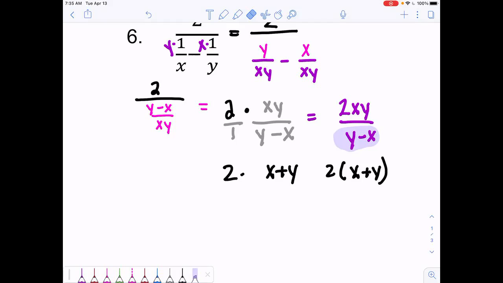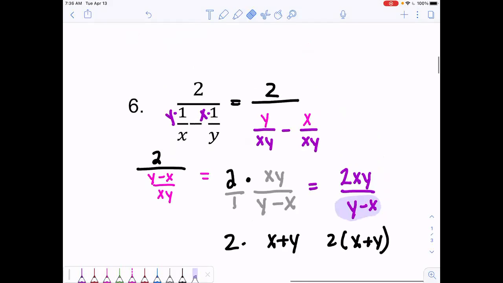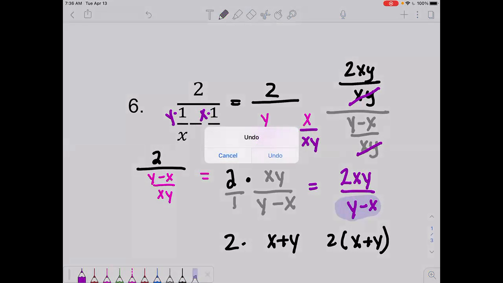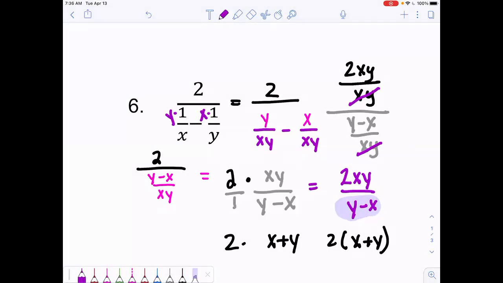So if Ella used the second method, so she had a common denominator with the 2. So Ella, you had 2xy over xy, correct? Yeah. And then that would still be y minus x over xy. So the xy, the denominator cancels. You get the same exact thing. It just depends on what you see and the process you want to take to get there.